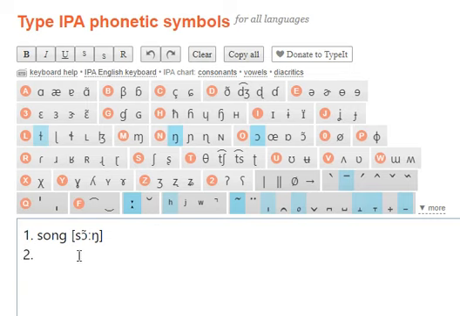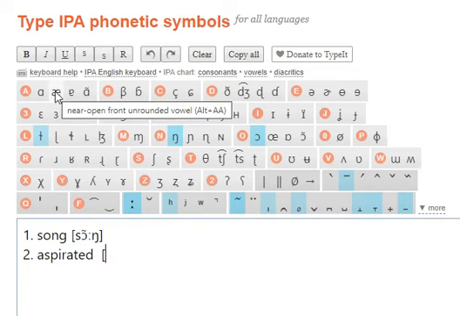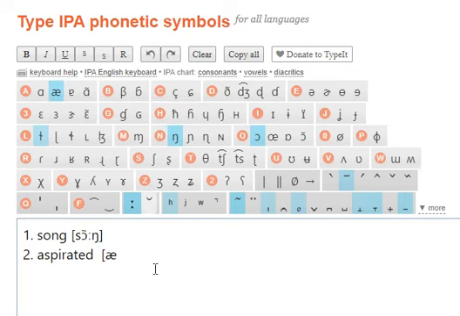The next word is aspirated. Remember always the square brackets. The first sound that we have is the low front vowel, then the sound p. Then here we have the schwa sound.